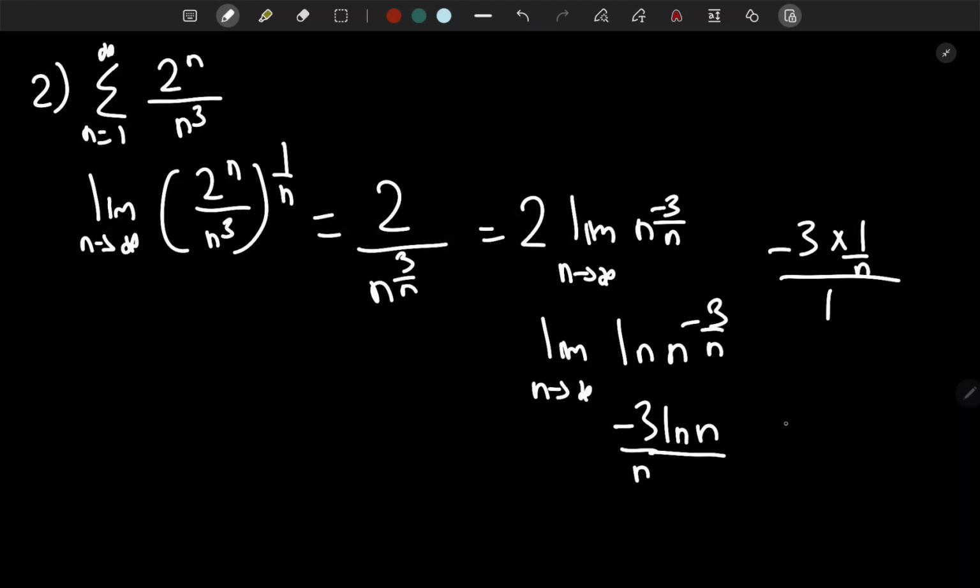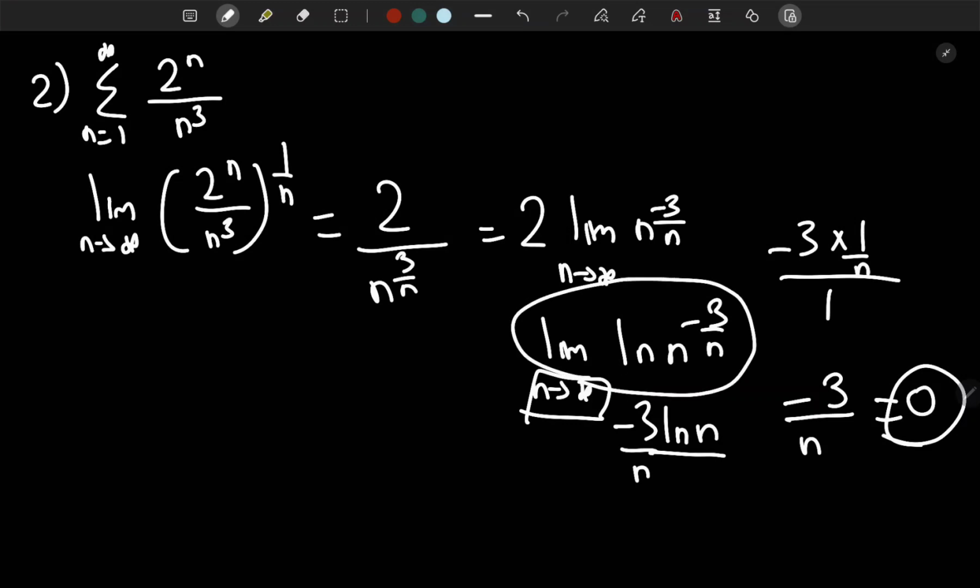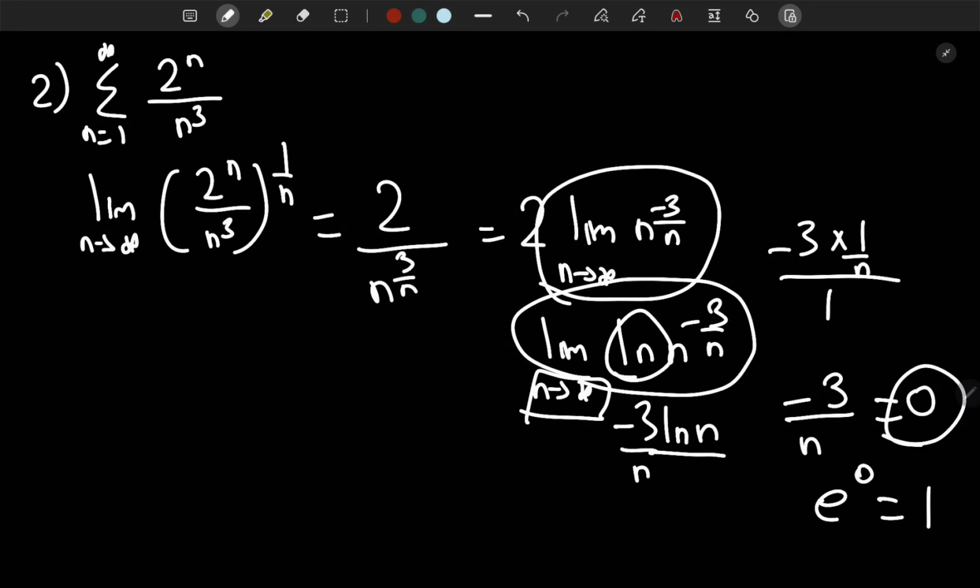So now we are left with negative 3 over n, and as n approaches infinity, negative 3 divided by infinity is just 0, so 0 is whatever this part is equal to. Now to get rid of this ln, we need to take the answer to be the power of e. So e to the power of 0 is equal to 1, so this part over here is equal to 1.